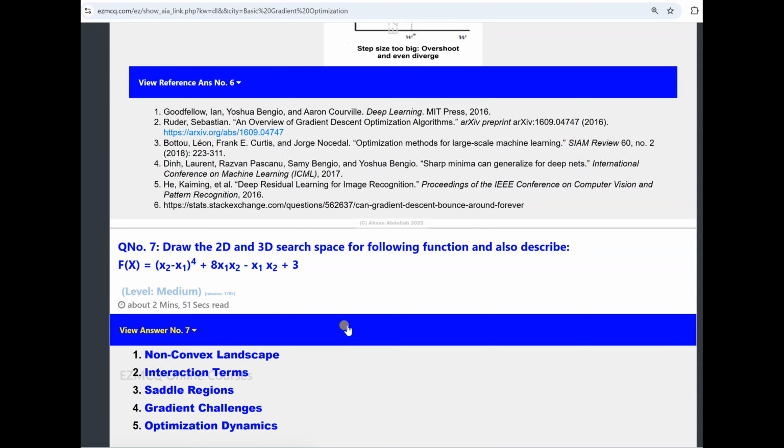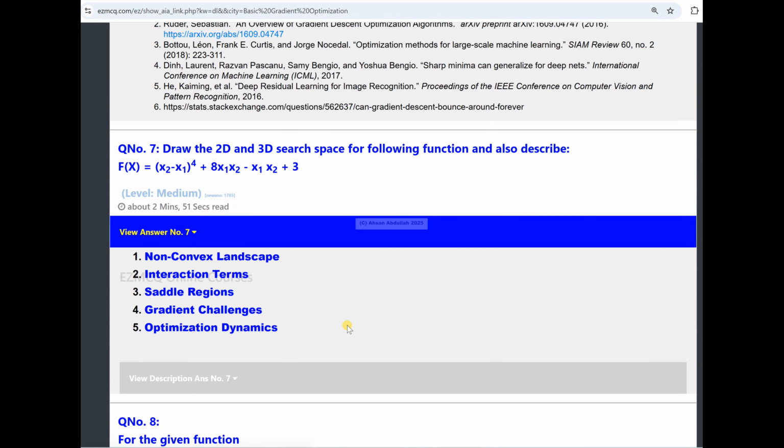This is very interesting and challenging. First of all, it's a non-convex landscape. How do I know that? Because of this term and this term, which will have their own growth rate much higher than this one. So this is for sure not convex, no doubt about it.